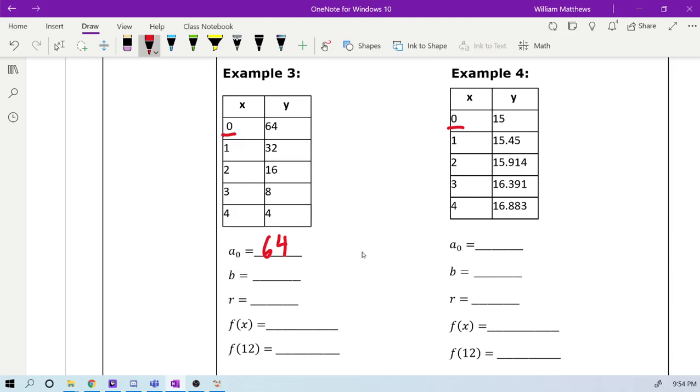Now the easiest way to figure out what your factor is is dividing our value at 1, the 32, by our starting point. And then we can check to see if that factor works with all of them.